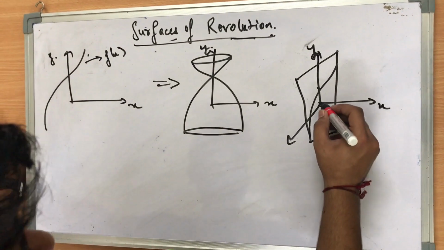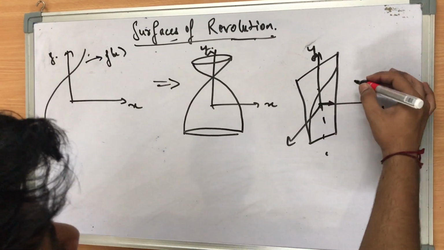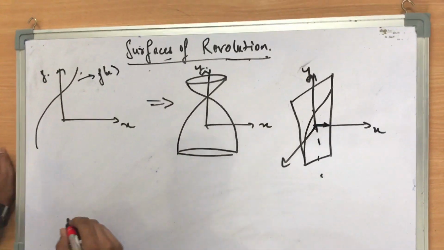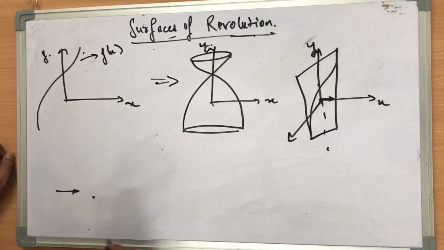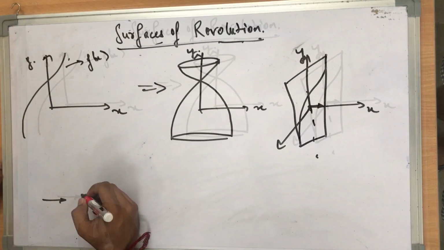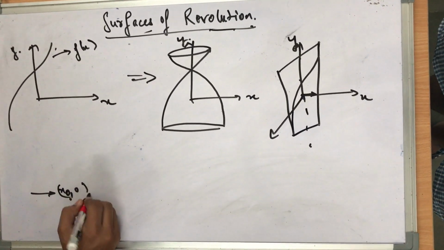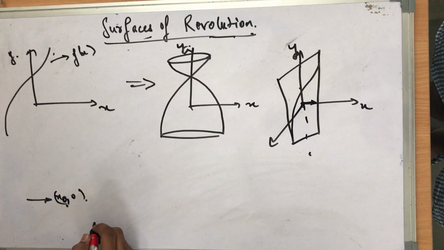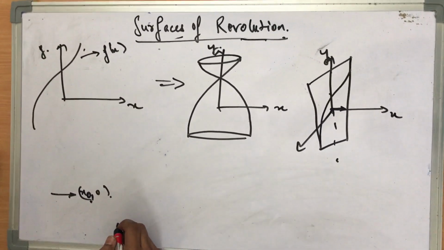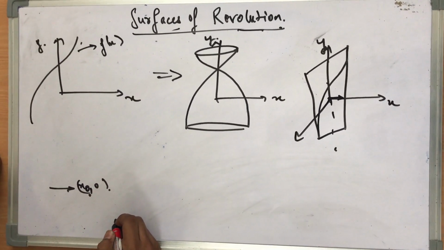For every single point, say I draw this vector here pointing towards the x-axis, which is the point (x, 0, 0), and if I put this point in f(x), it gives the height y.